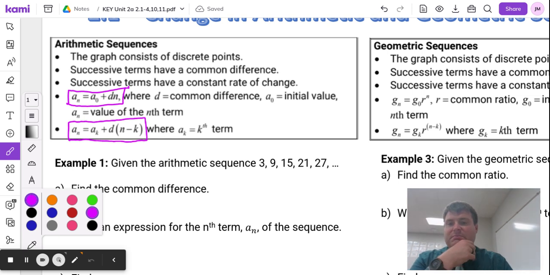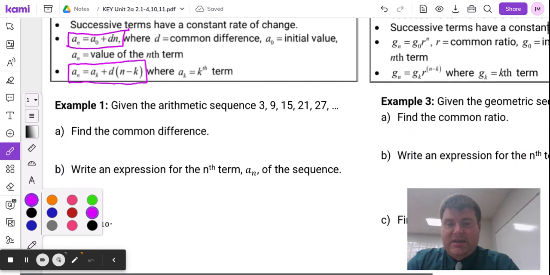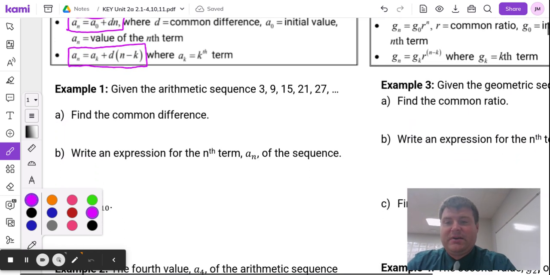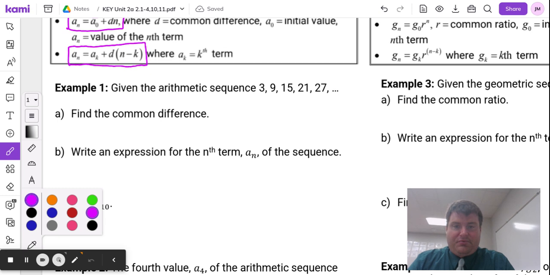I'm going to put some meaning to this as we go. So a sub n equals a sub k, where a sub k is the kth term, plus d times n minus k. The arithmetic sequence we're given here is 3, 9, 15, 21, 27. This is an arithmetic sequence because it increases by the same amount every single time.